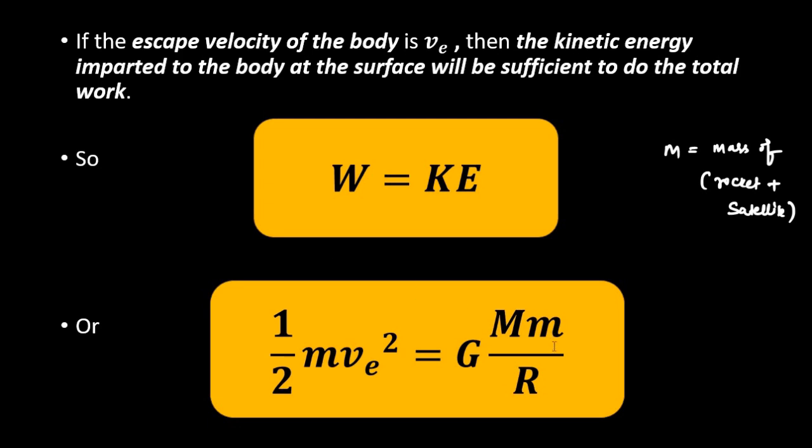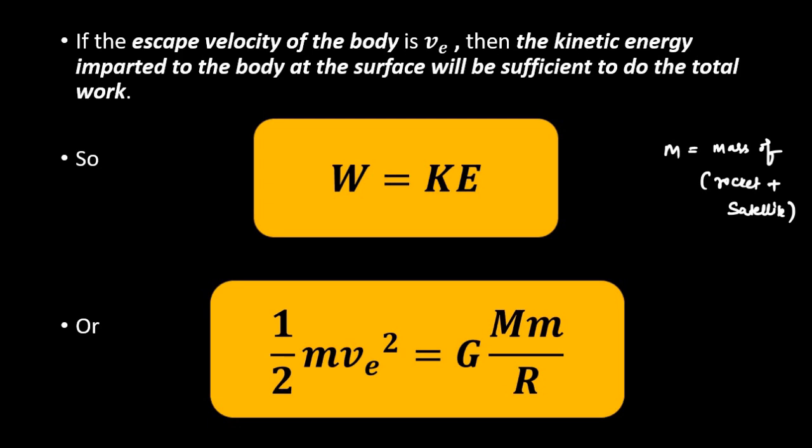So we equate the kinetic energy of the rocket carrying the satellite with the required work done, or the required energy which needs to be supplied to take the satellite outside Earth's gravitational field. So that is G capital M small m by R. Here we are trying to get an expression of VE in terms of capital G, capital M and R. We want to find out what will be the value of escape velocity which we need.